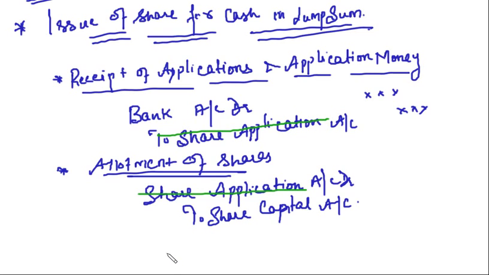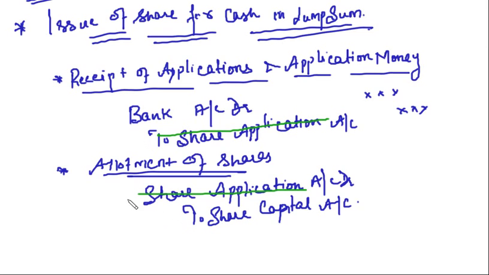What is it? For the capital, we are bringing some money. Entry will be bank to share capital. Here, we are first bringing that money to the share application. We are asking for applications and the application money. Now on the basis that whether we accept the applications or reject the applications, we will adjust that application money to share capital.